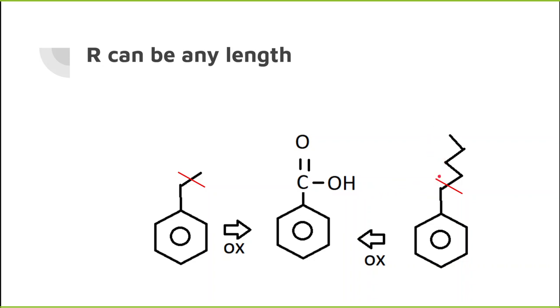So remember, R just means any length of a carbon chain. So it doesn't matter. This could be really, really long. It gets lopped off and you get your carboxylic acid formed. Any questions there at all?